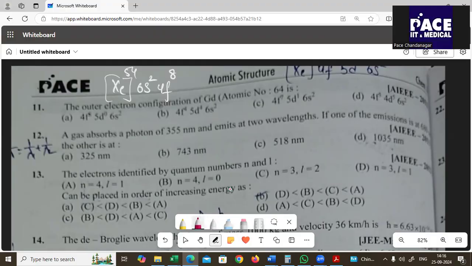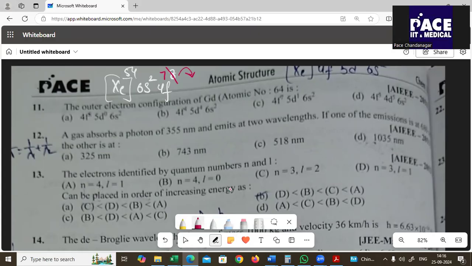But what happens here is that f7 is exactly half filled. F has 7 boxes, 7 is half filled, and 14 is fully filled. Any element tries to achieve a noble gas configuration or a stable configuration, which can be half filled or fully filled. So 1 electron gets transferred.